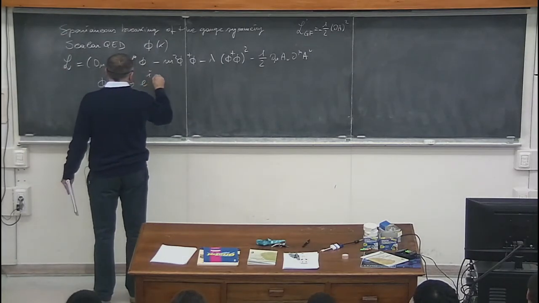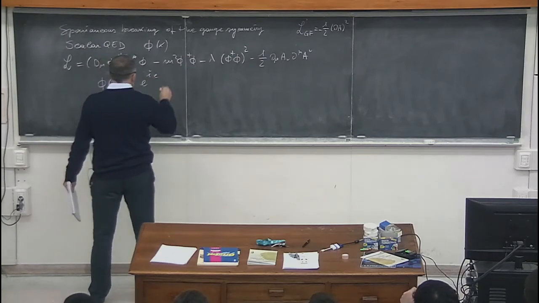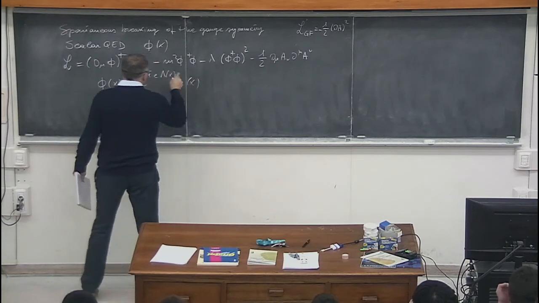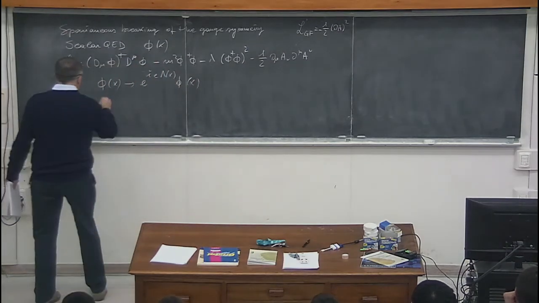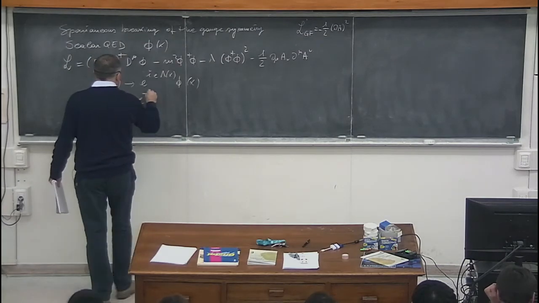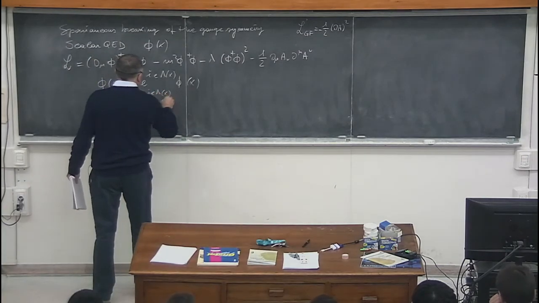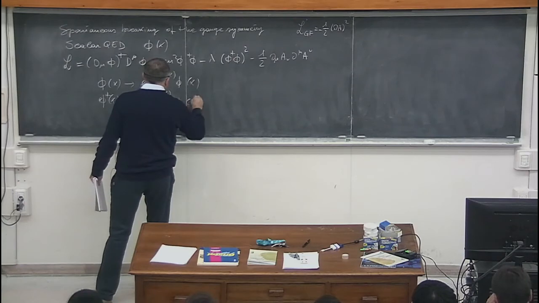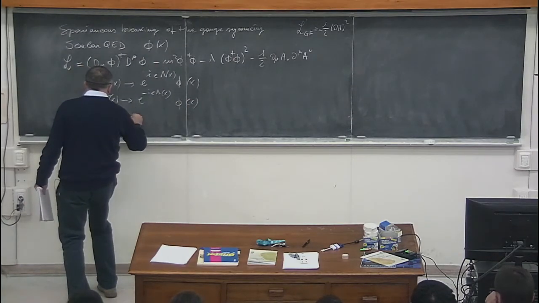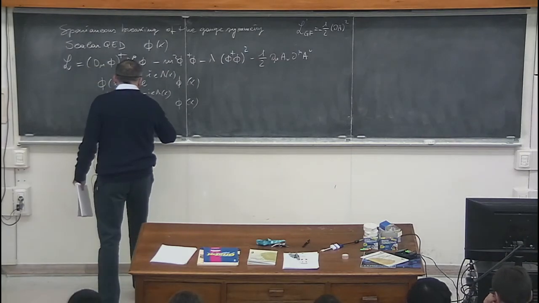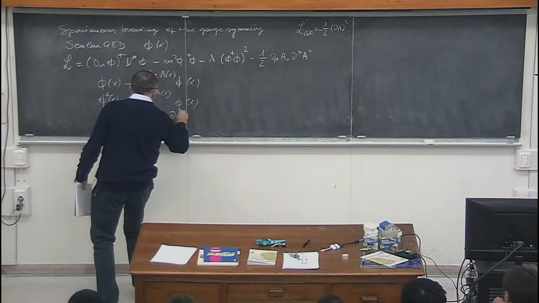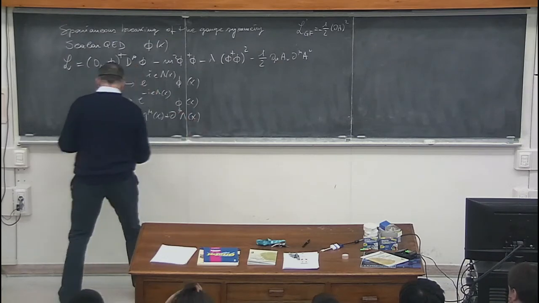And this Lagrangian density is invariant under the transformation phi of x goes to e to the i e lambda of x phi of x, where lambda is a real function, phi dagger goes to e to the minus i e lambda phi dagger of x, and A mu goes to A mu plus d mu lambda.